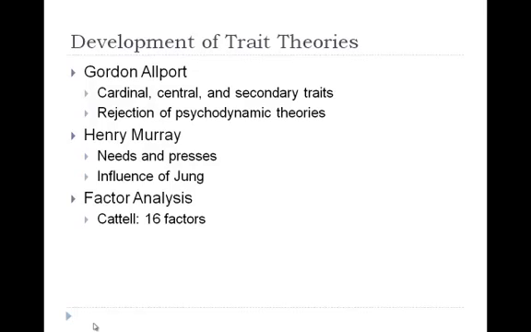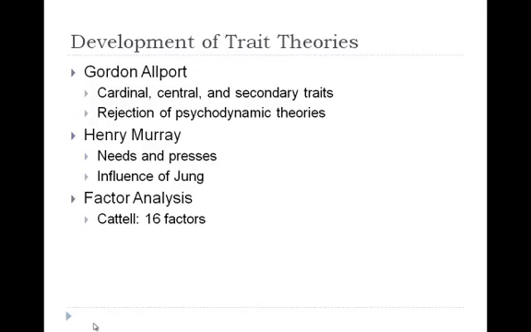So he said, okay, out of all these different descriptions of personality, all these, ask people about this trait, this trait, this trait, they can all be boiled down to 16 different traits, 16 factors. So you can be high or low on these 16 different things, and the pattern of highs and lows in these things are a good description of personality.